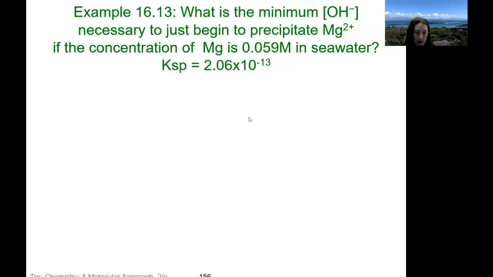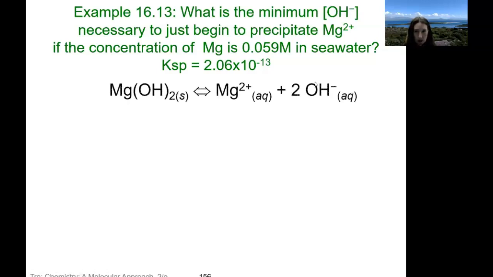Okay, what's the minimum amount of hydroxide necessary to just begin to precipitate magnesium if the concentration of magnesium is 0.059 in seawater? And there's our KSP, by the way, for magnesium hydroxide.